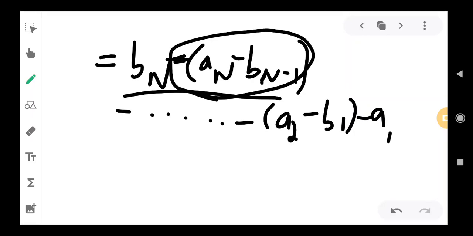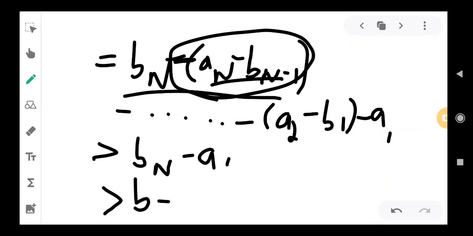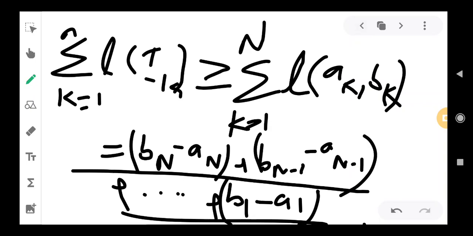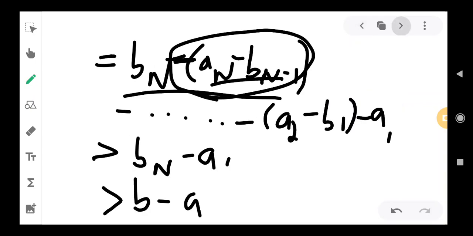Here we have a minus; these are negative, but due to this minus it is going to be a positive number. So it will be greater than BN minus A1. Then again, this BN minus A1 will be greater than B minus A. So what we got is that the summation of the lengths of Ik, k equal to 1 to n, is greater than or equal to B minus A, which was our third equation to be solved.